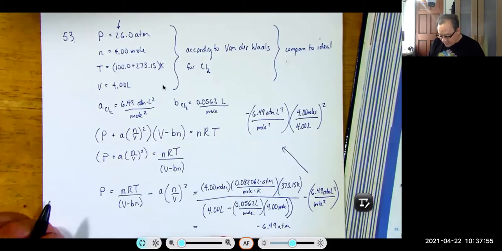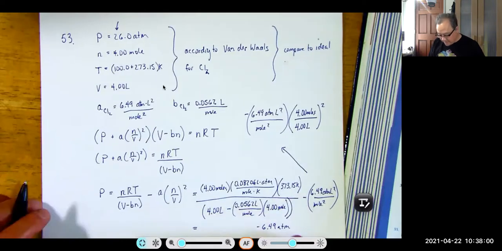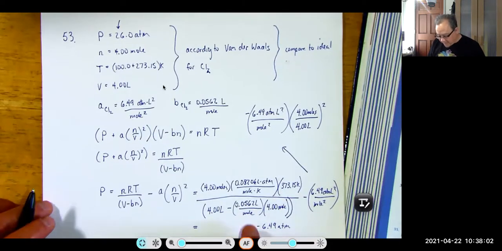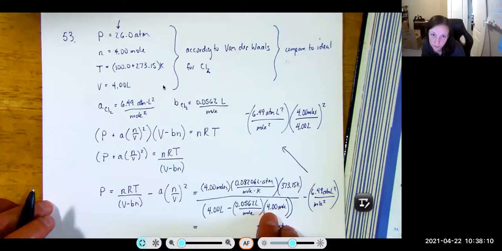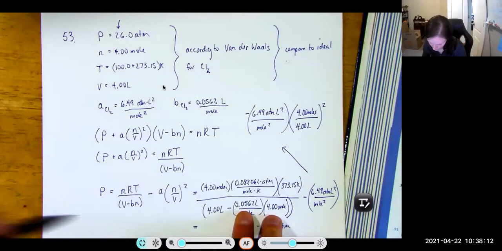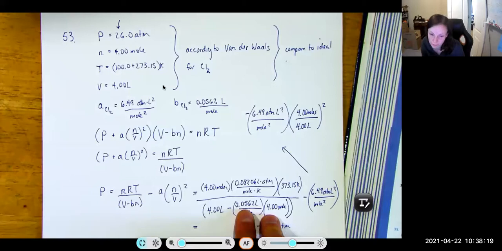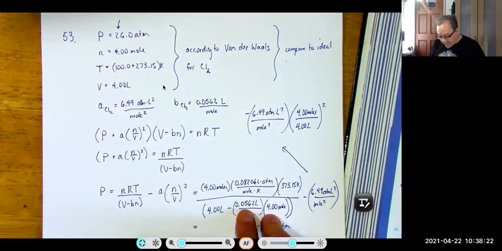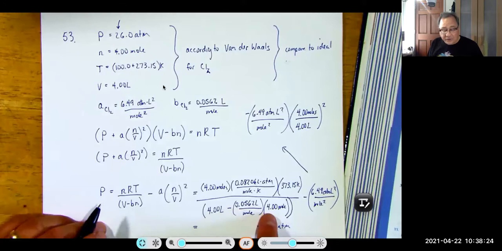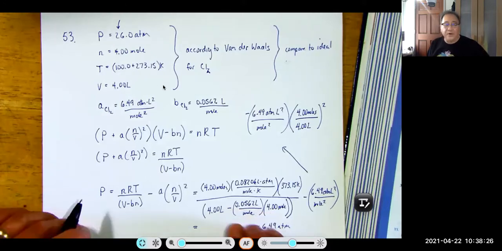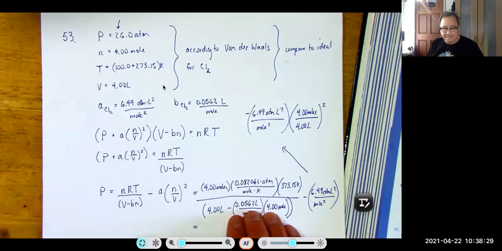Now all we have to do is figure out what this is. And here's the estimate. What is 0.056 times 4? Now, the way I would do this is I would either do 5 times 4 is 20 or 6 times 4 is 24. Right. So maybe we make it 22. Now we know that 0.05 times 4 is not 22. It's got to be like 0.22 or 0.022 or something like that.